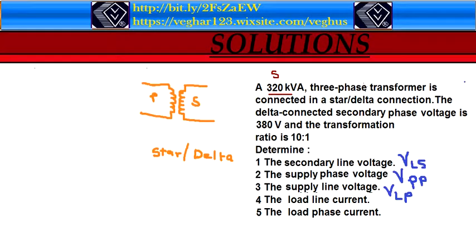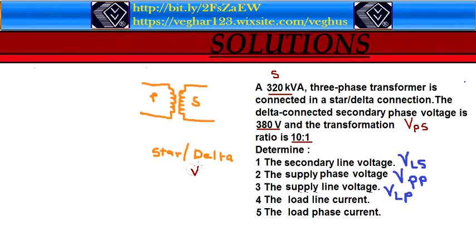That means the star is for the primary and the delta is for the secondary side. The phase voltage on the secondary side is 380, and the transformation ratio is 10:1.